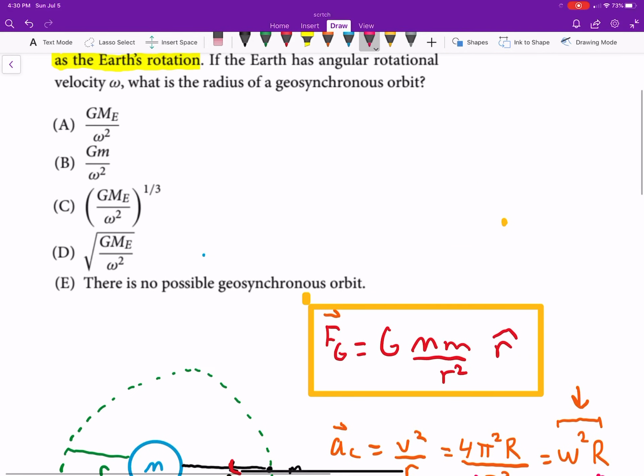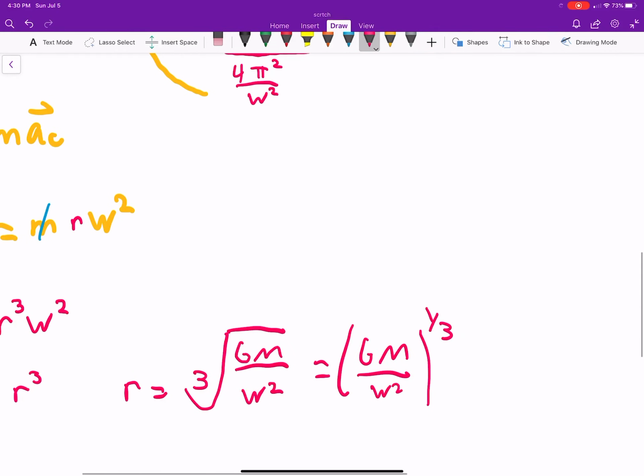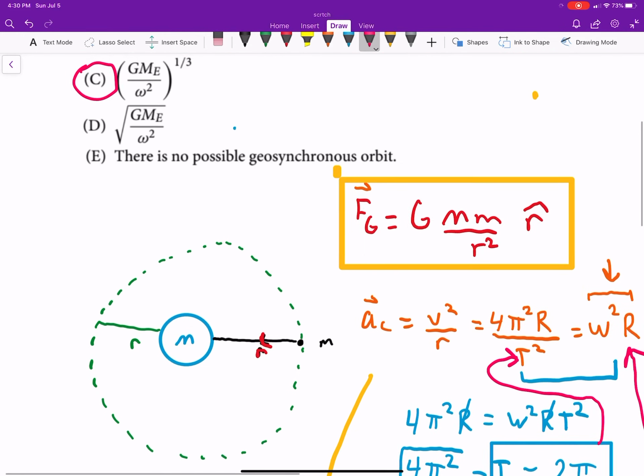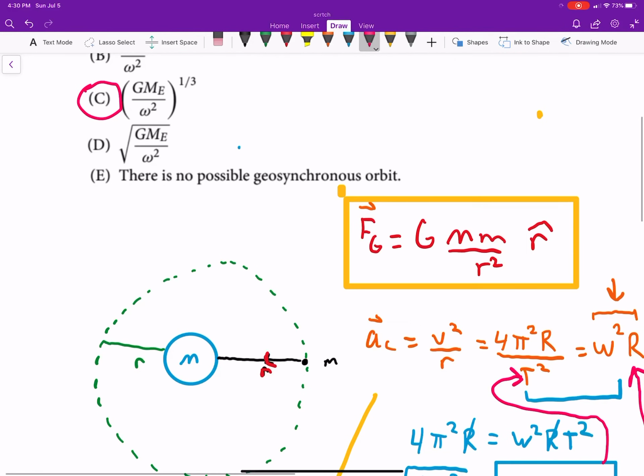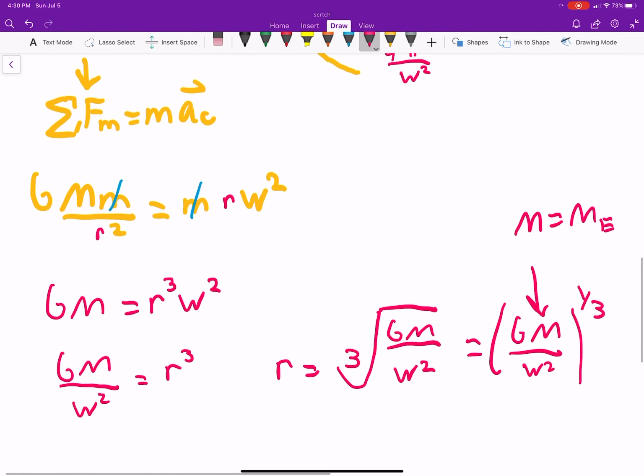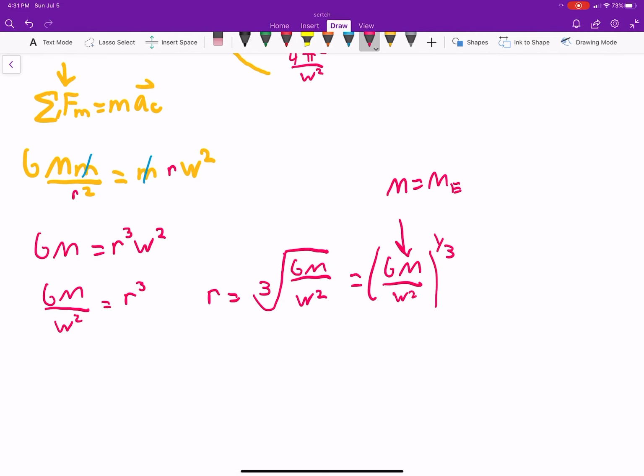Just keep in mind for mine, I just said big M is equal to M_E. Yep, that's it. So hopefully that helped. Sorry that I did a little more work than necessary, but regardless, we got the solution.